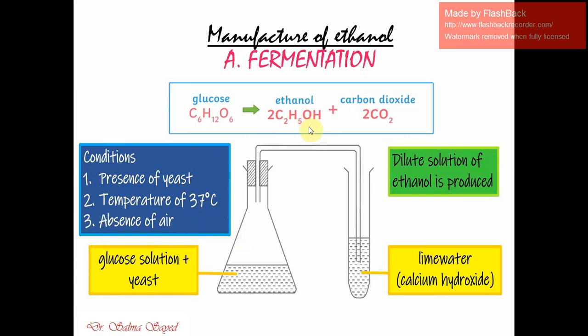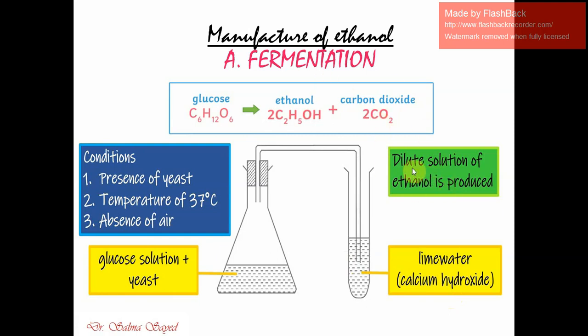My products would be ethanol and carbon dioxide. Now, of course, in the presence of lime water, if I'm carrying out this practical test in the lab, the lime water, which is actually calcium hydroxide, will turn milky due to the presence of CO2.